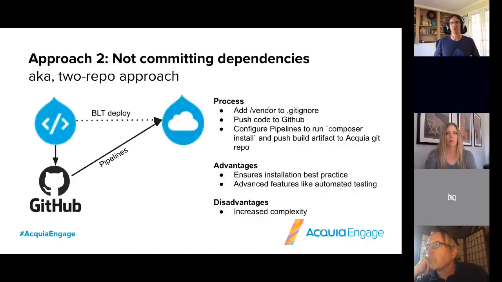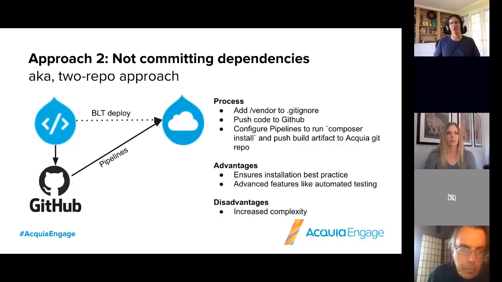The advantage here is that you don't have that risk of composer and what's in your code base actually getting out of sync. And once you've involved a CI process, it really opens the door for a lot more technical steps you could do, like building in automated testing as a pass condition before code actually gets deployed.